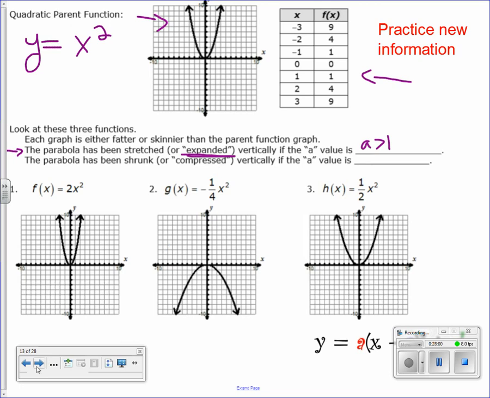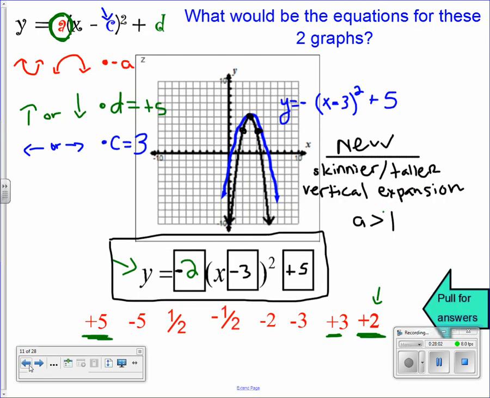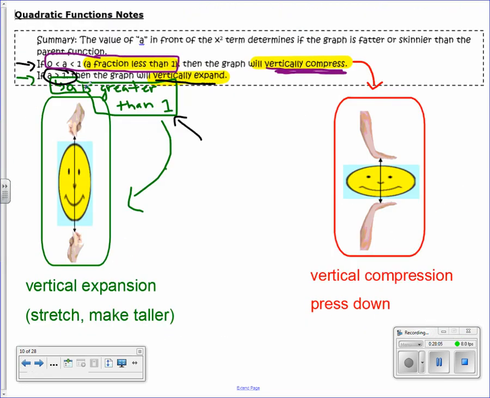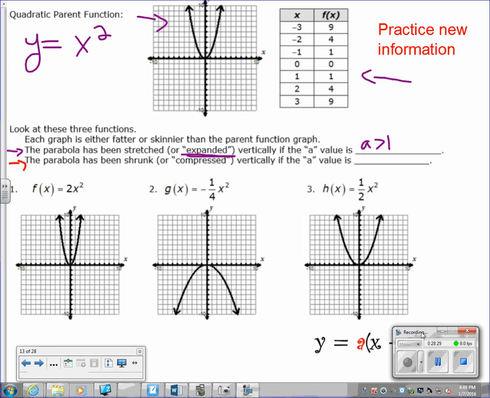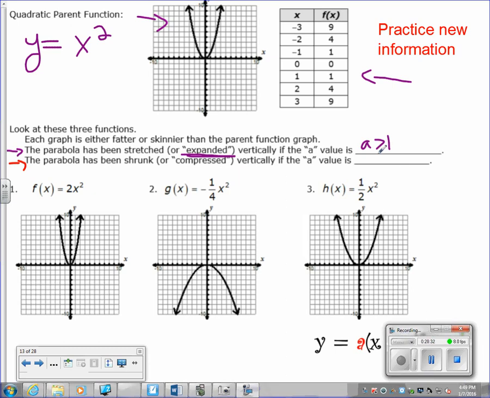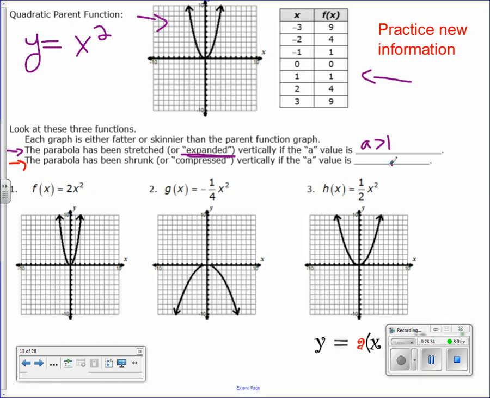And where did we get that information from? At the top of our notes right here. If a is greater than 1, then the graph will vertically expand. And for this one, if the parabola has been shrunk or compressed and made wider, then the a value is, go ahead and write it down, a fraction.